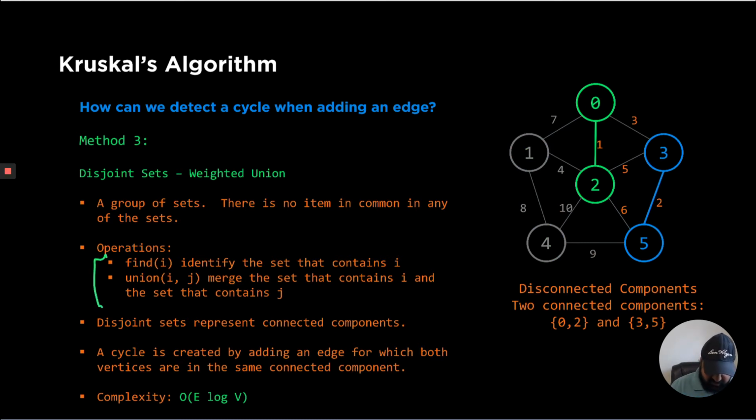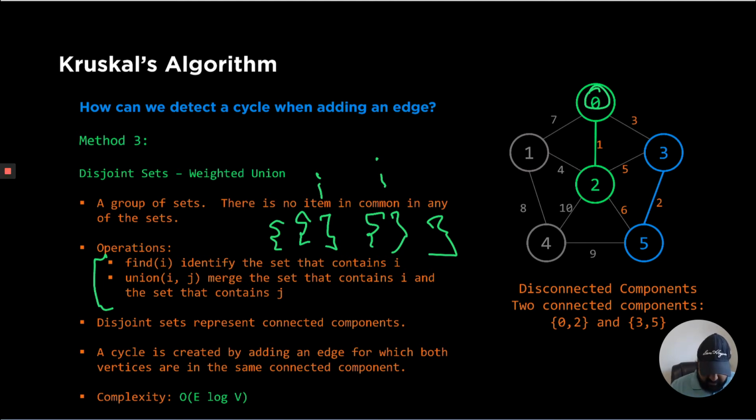This data structure has two different operations. The first one is the find operation, which identifies, if I provide you a vertex like 0, which set it is in amongst all the other sets. So we have a group of sets, and the find operation finds which one the vertex is in.